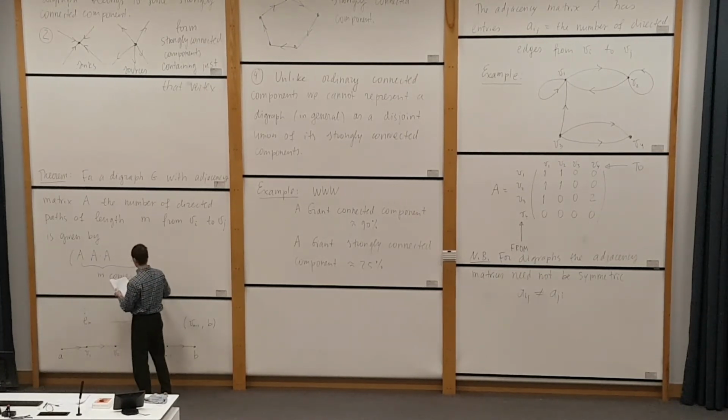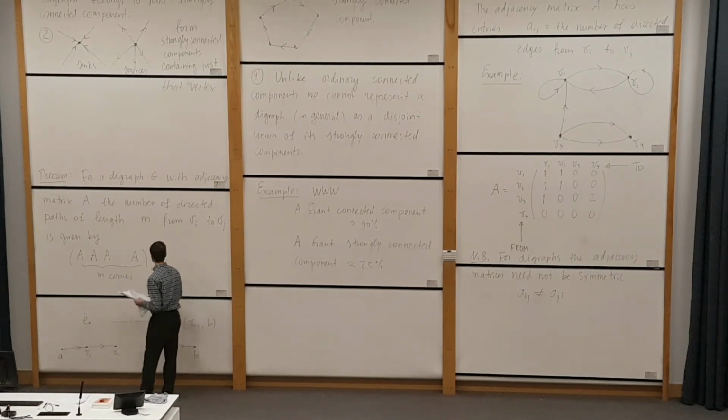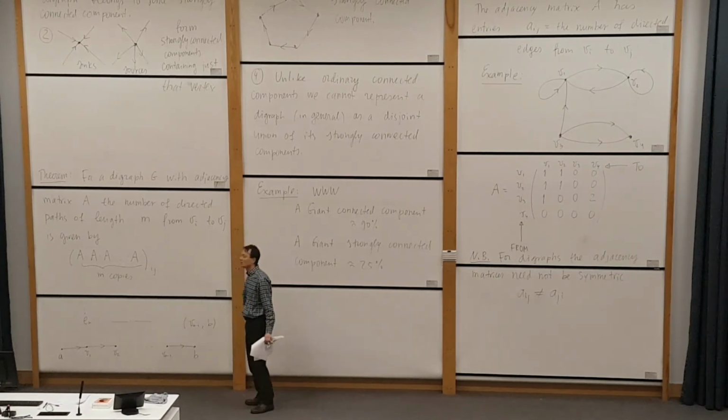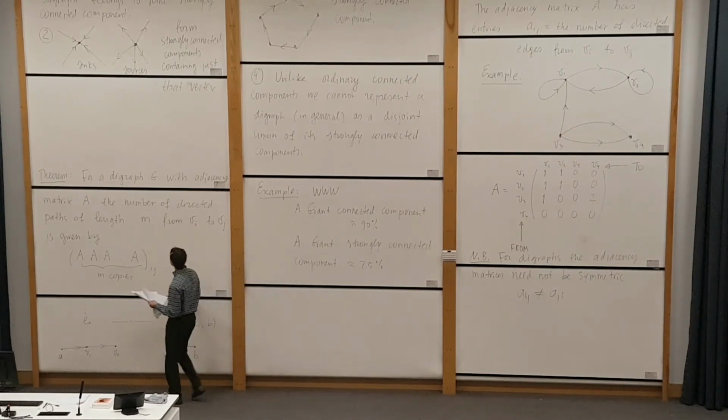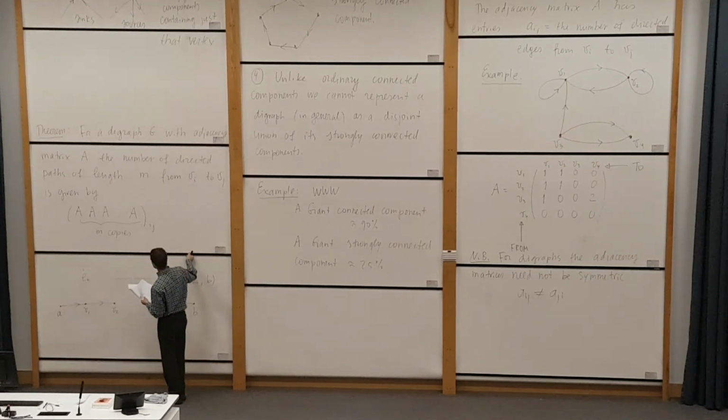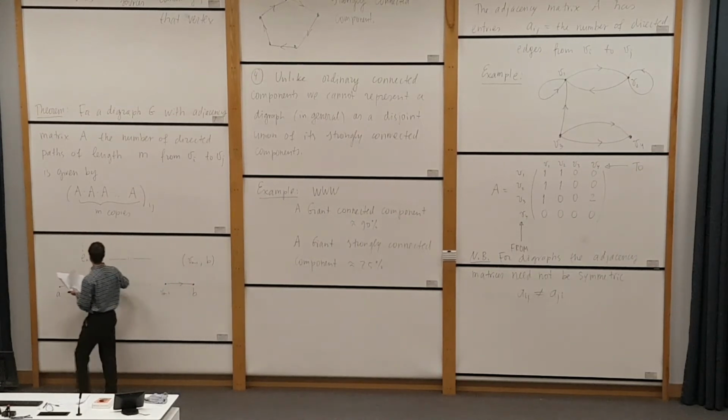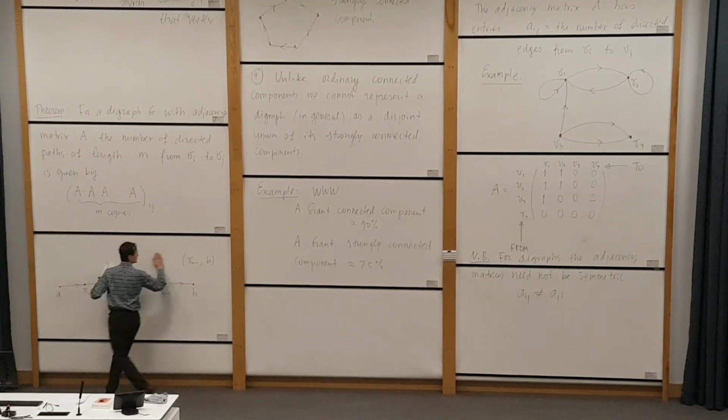And then I'm supposed to take one entry with the indices ij from that matrix. All right, so let's do an example.